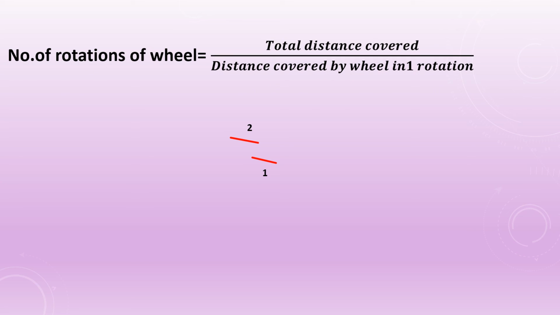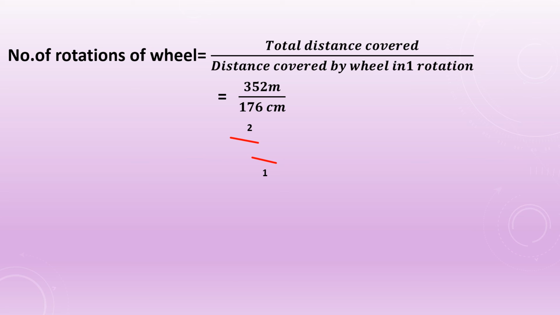So the number of rotations of the wheel equal to total distance covered upon distance covered in one rotation. See here, total distance covered is 352 meter and the distance covered by the wheel in one rotation is 176 centimeter. See children, here total distance is given in meter and the distance covered by the wheel in one rotation is given in centimeter.